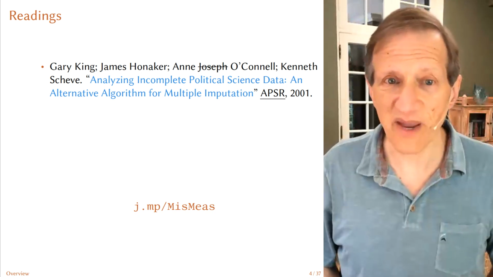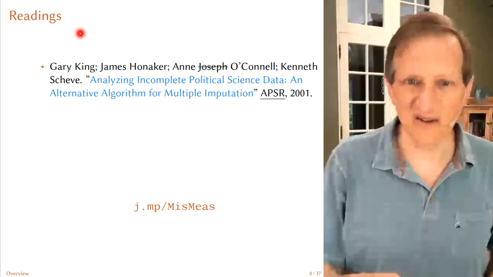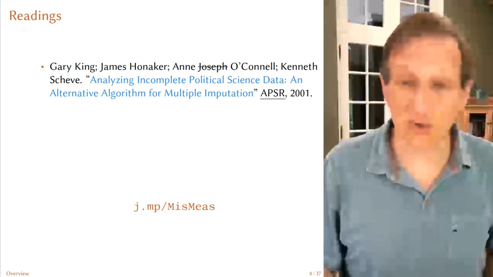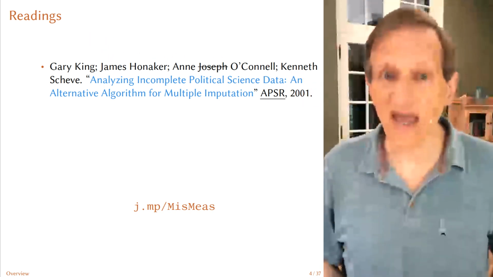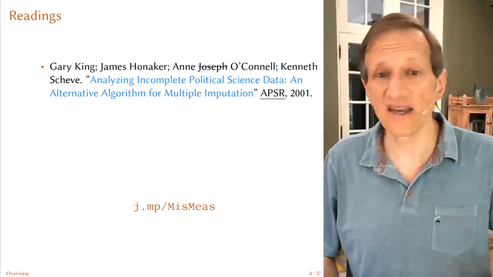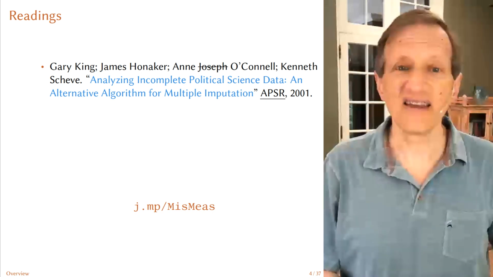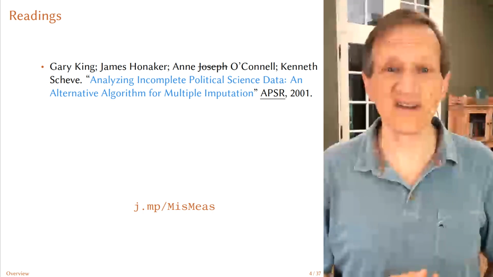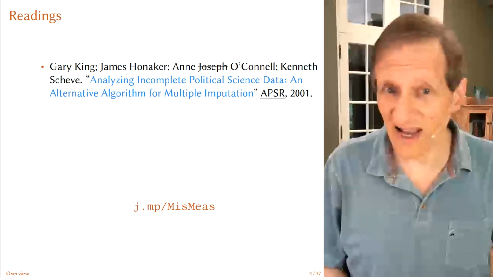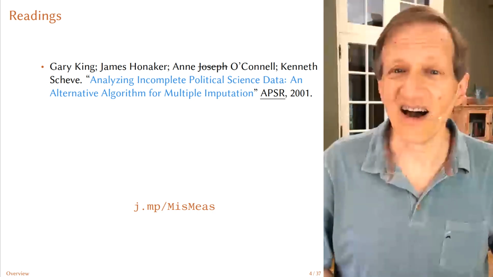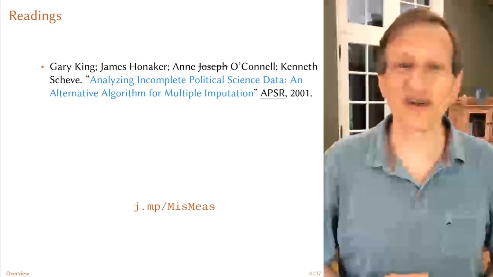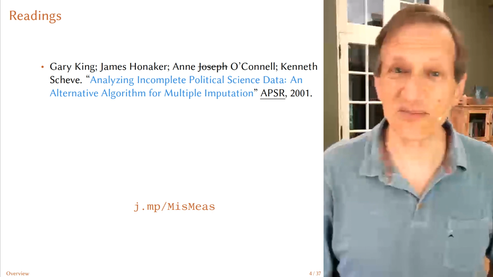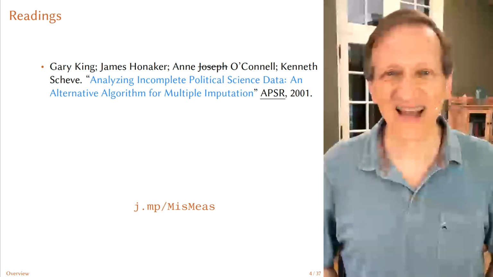So in this first paper, in the American Political Science Review, it's almost 20 years ago now, it's with James Honaker, who is a research scientist at SEAS and is moving to Facebook, and Joseph Ann O'Connell, who was also in this class. All three of these were in this class. And Joseph is now a professor at the Stanford Law School, and Ken Shotts is a professor in the Stanford Department of Political Science. They're terrific.